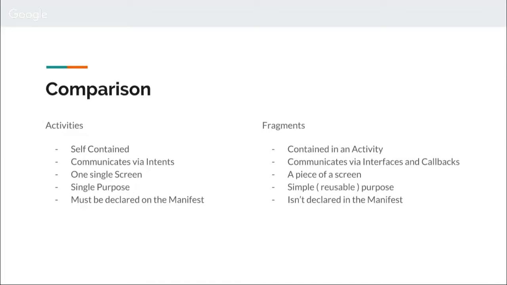The only thing that they have in common is the host activity. And the host activity has two fragments. So you have to actually use an interface and use callbacks to handle how the communication between those two works.